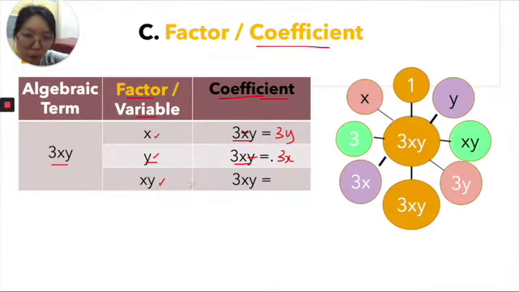Again, if I take out my factor or variable xy, what is left is 3. So for any algebraic term, if I take out my variable or factor, I cancel them off, and what is left is called the coefficient for the algebraic term.